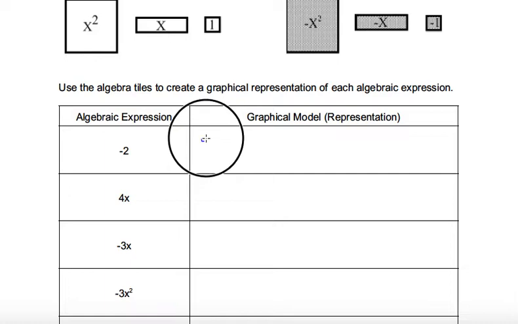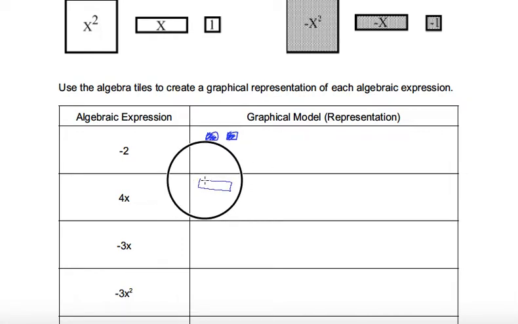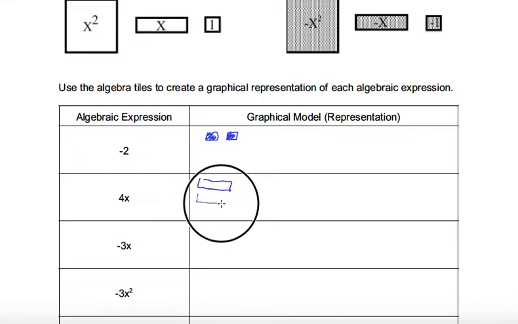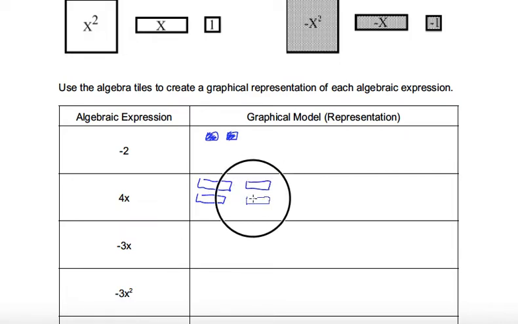So I have one square that's shaded in, and a second little square that's shaded in. The next example is 4x. So if I have 4 x's, I have 4 rectangles. These are positives, so I don't need to shade these in, and I'm going to draw 4 of them. And those would be my 4 x's.